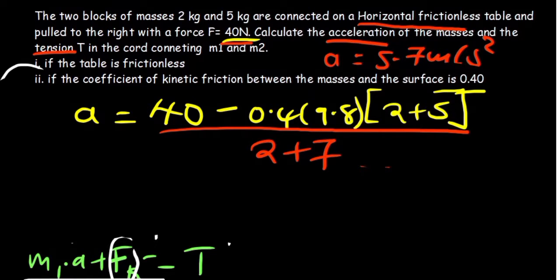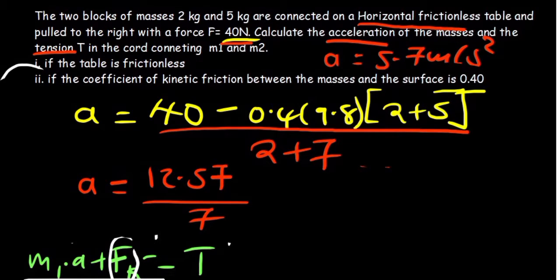If you get your calculator, 40 subtract 0.4 multiplied by 9.8, multiplied by 2 plus 5, which is 7. What I have is about 12.56 divided by 7.